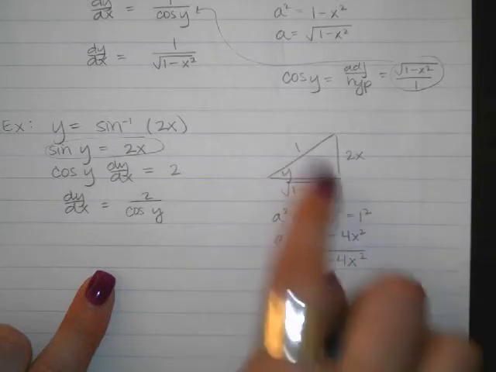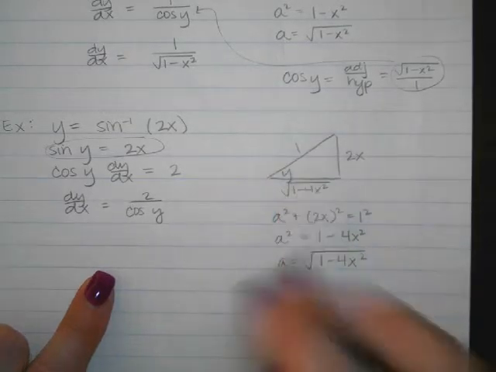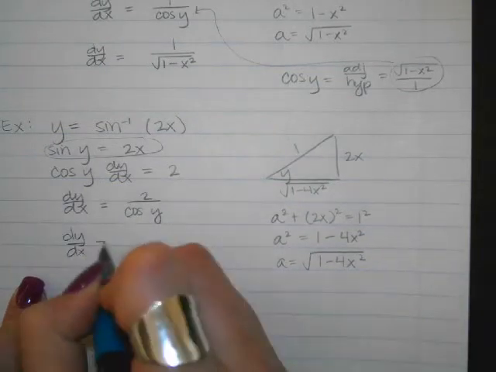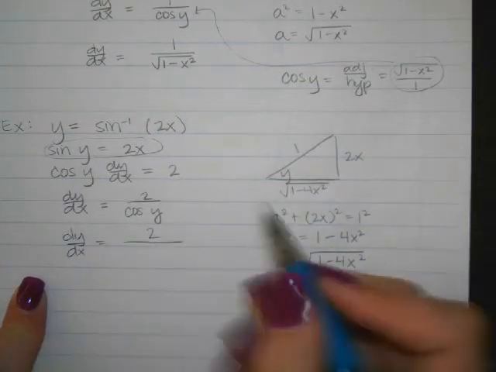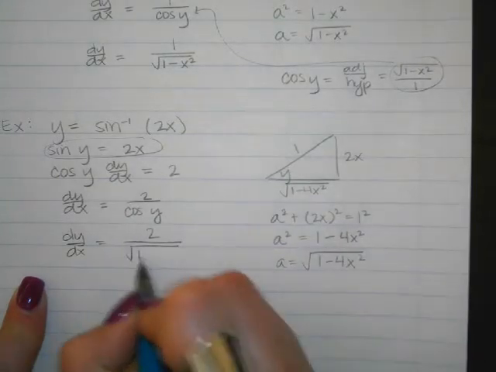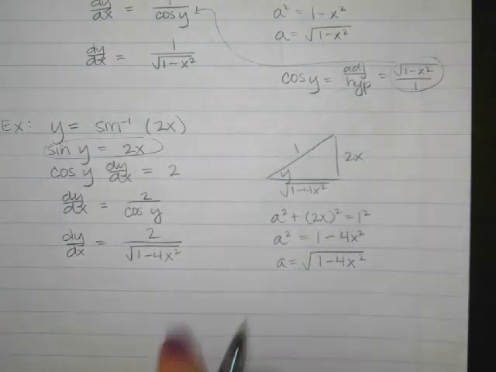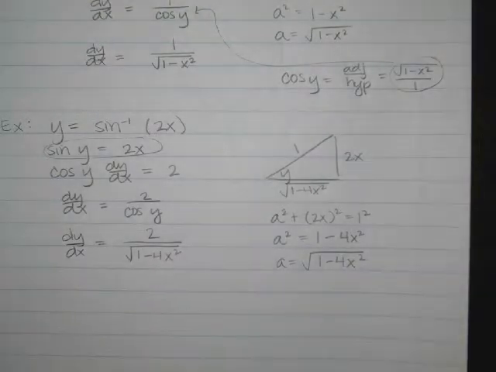That's cos is adjacent over hypotenuse. Since the hypotenuse is 1, we could just take this and plug it in. So we would say dy dx equals 2 over square root of 1 minus 4x squared. And I think the cool thing is it does the chain rule for you, which is kind of neat.